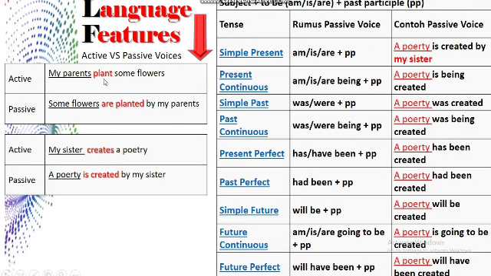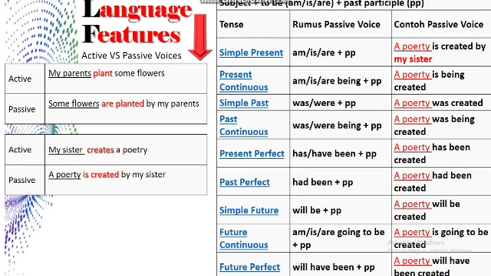Jika kalimat aktifnya menggunakan verb pertama, otomatis menggunakan to be yang pertama pada kalimat pasifnya. Seperti ini. Kemudian plant di sini menggunakan PP or past participle. Biasanya kalian menyebutkan verb ketiga.